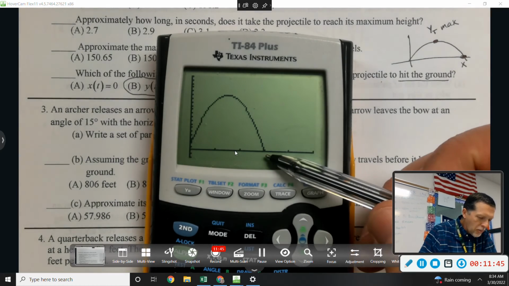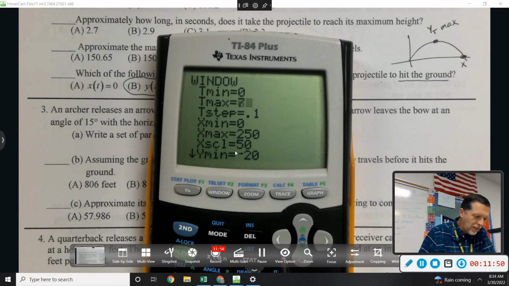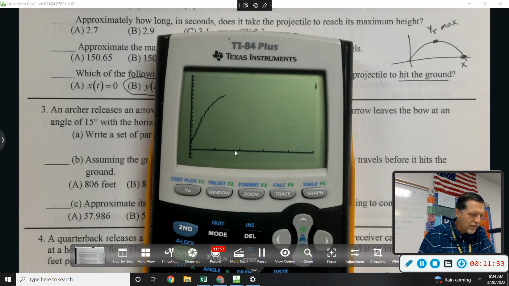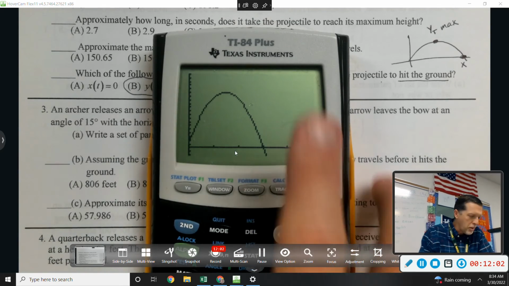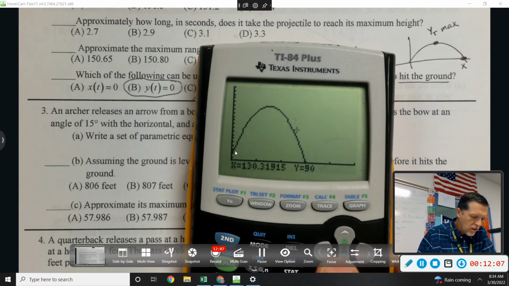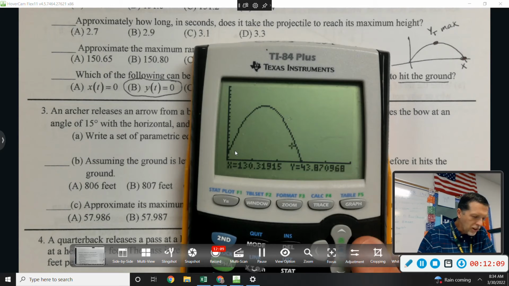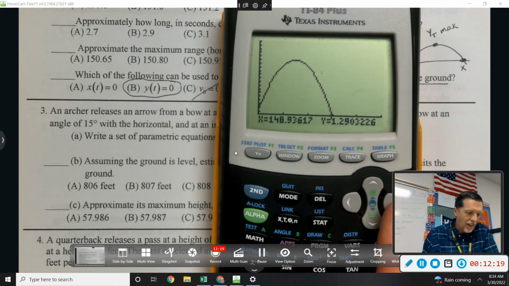My t didn't go past the axis, so I may need to increase my t value by a little bit to make sure I've landed. There we go. Do I want to change my window or am I fine? I think it's probably fine. The question was maximum range. Now those are all pretty close, so right now this is probably not good enough. So yeah, about 150, but about 150 isn't good enough.